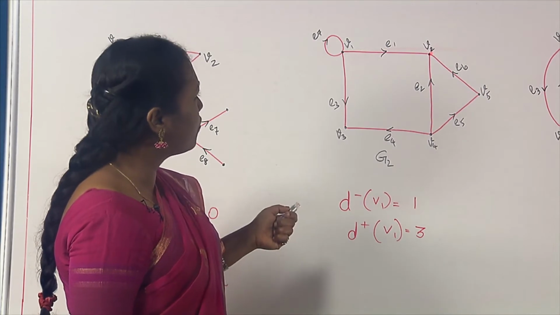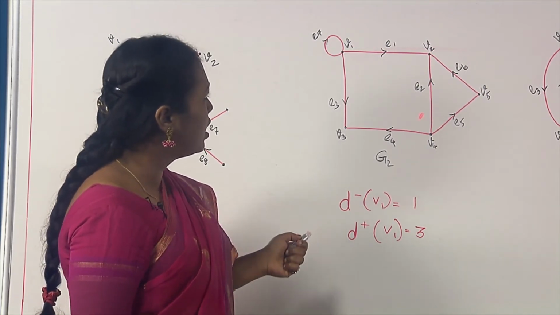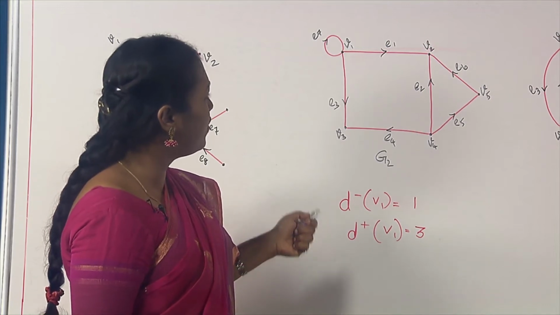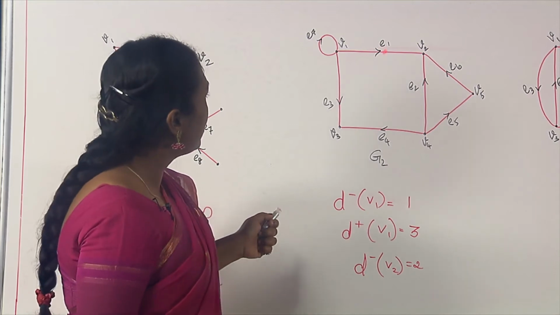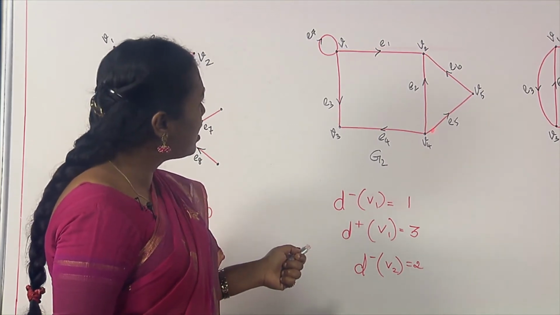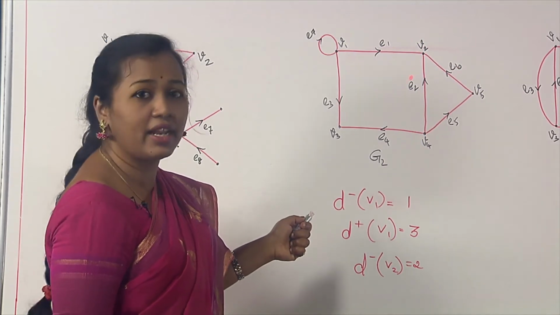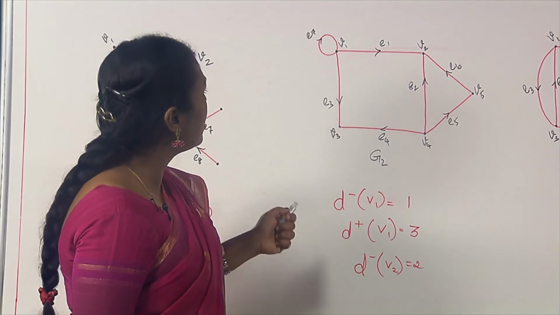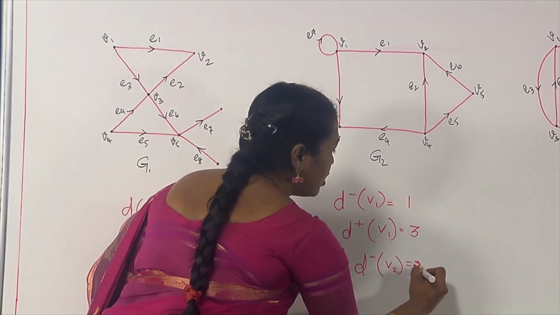For example, for V2 the in degree is, you have one edge going inside V2. Let us calculate the in degree of V2. So there is one edge E1 going inside V2, then there is edge E2 going inside V2, and there is edge E6 going inside V2, and therefore the in degree of V2 is 3.